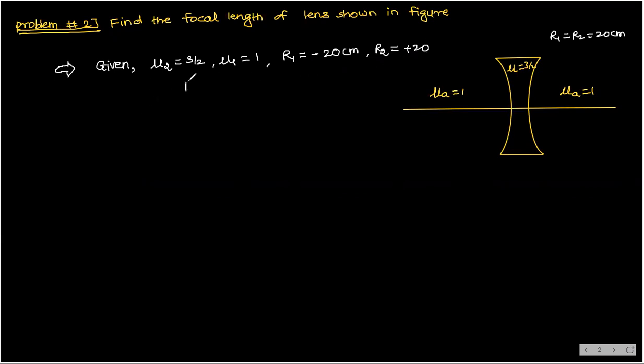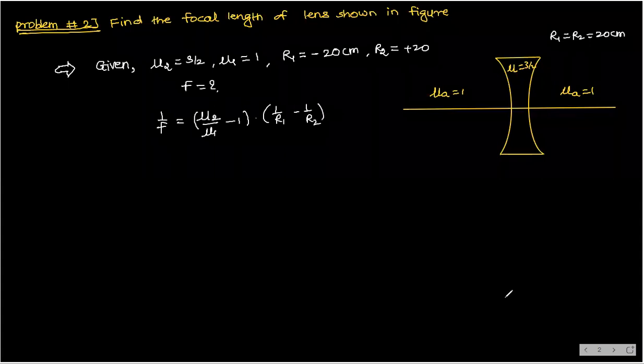Now, what you have to find? Focal length. 1/f is equal to (mu2 by mu1 minus 1) into (1/R1 minus 1/R2).